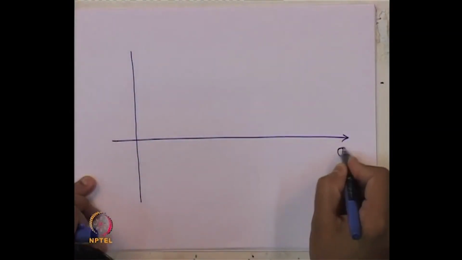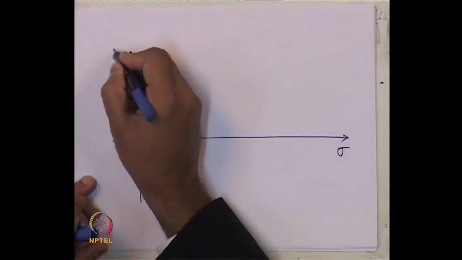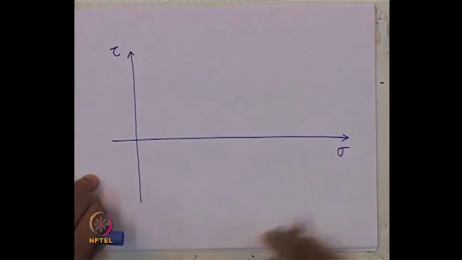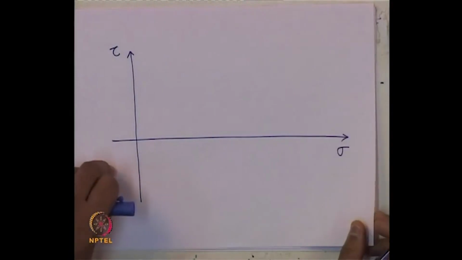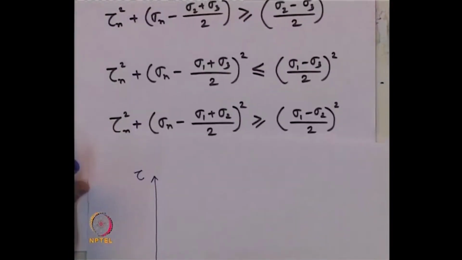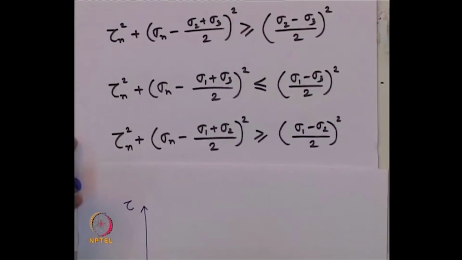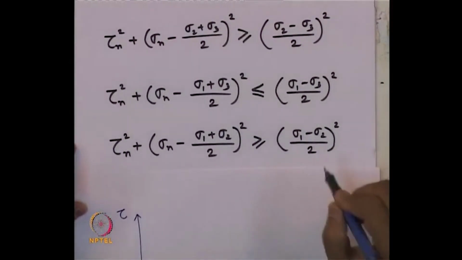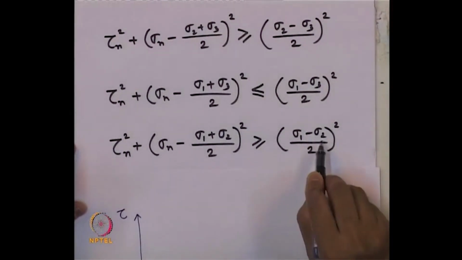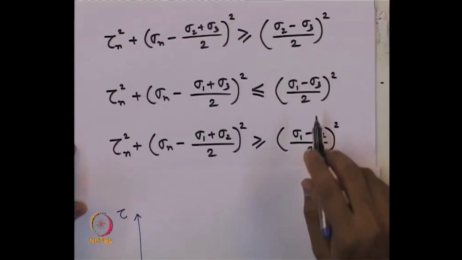So, this is our normal stress direction, and shear stress direction. Now, first equation, let us look at it. Let us take one by one. This is sigma 1 and sigma 2. So, these are the two principal stresses, and what we have considered, sigma 1 is greater than sigma 2 is greater than sigma 3.